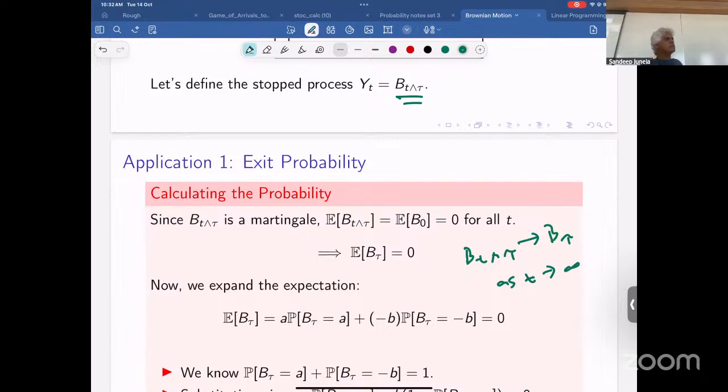So I can give you a process B_t, which is a martingale, but you never hit level A or B. Then this result will not go through. B of t min tau will then be just B_t, but it will not be converging to anything. Yeah, we need tau to be finite. That's a good question.